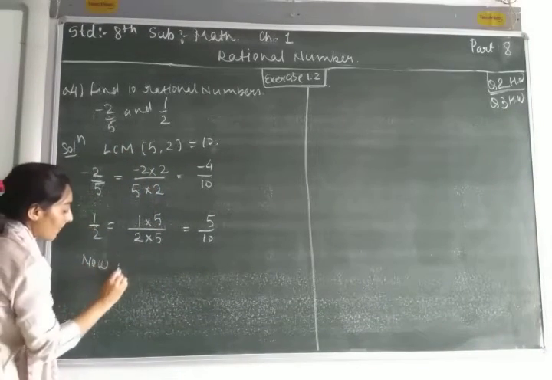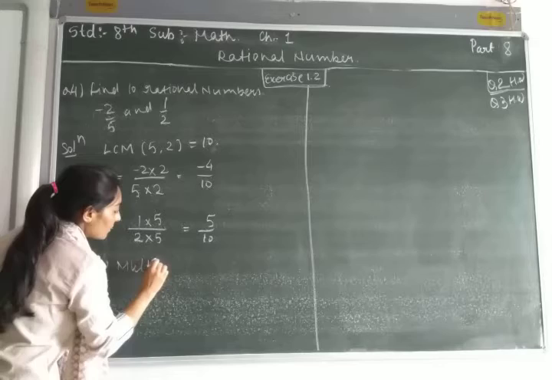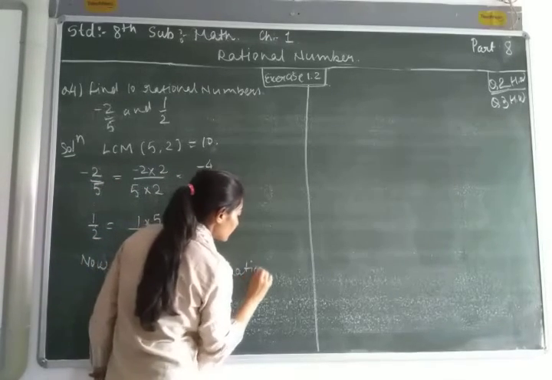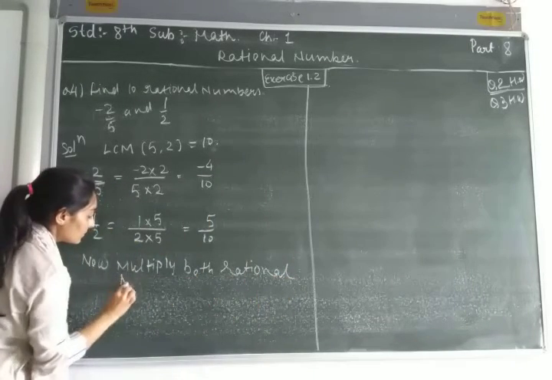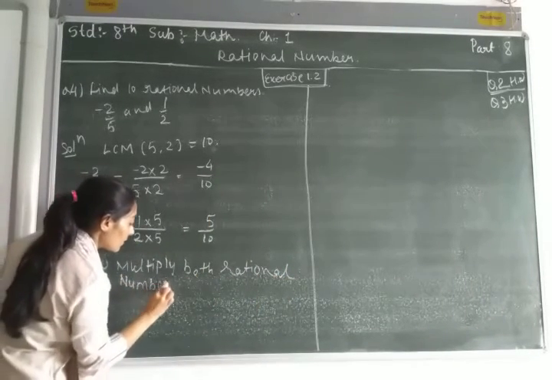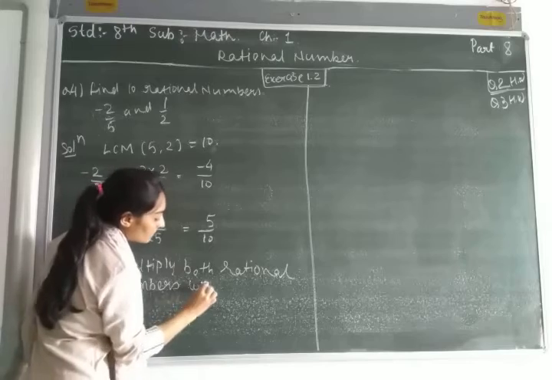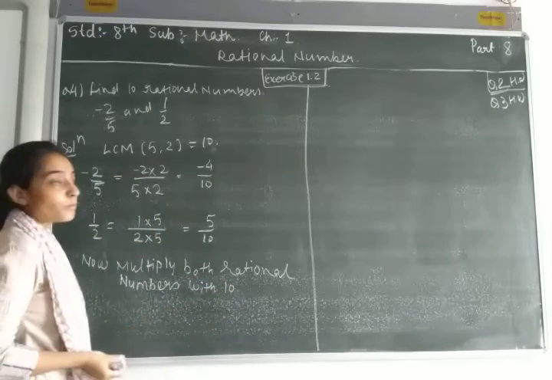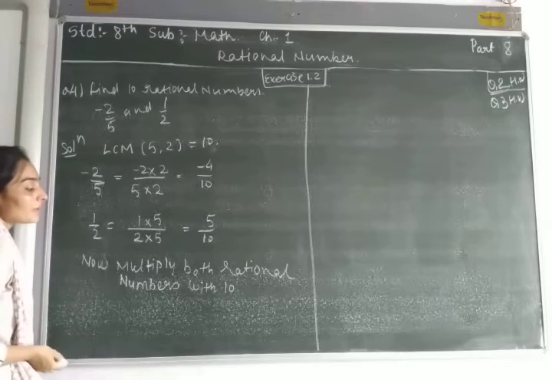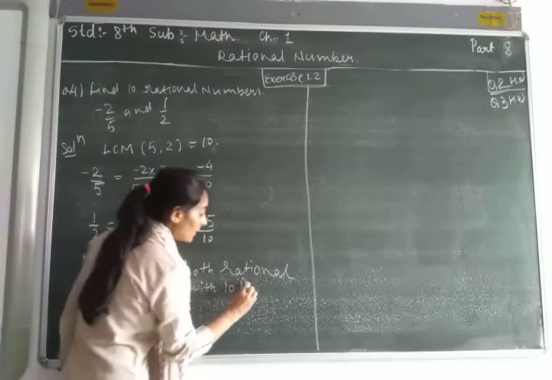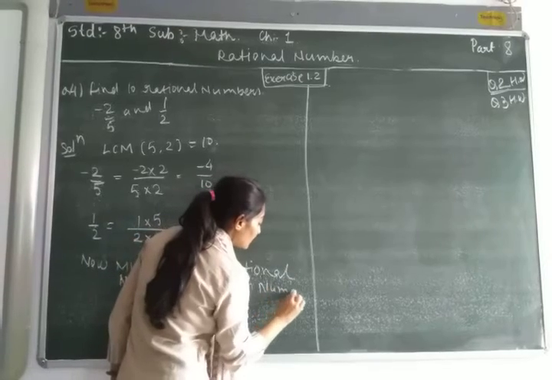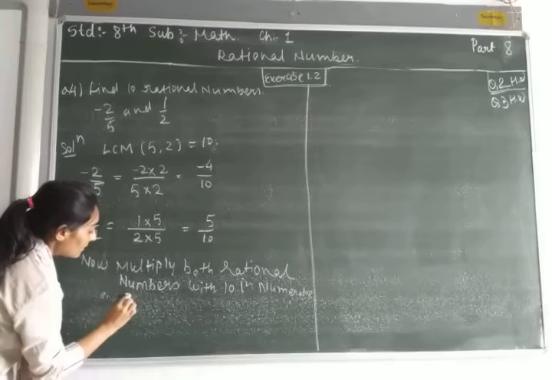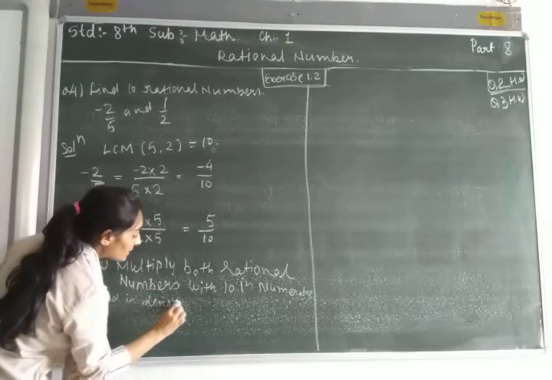Now, multiply both rational numbers with 10, in numerator and in denominator.